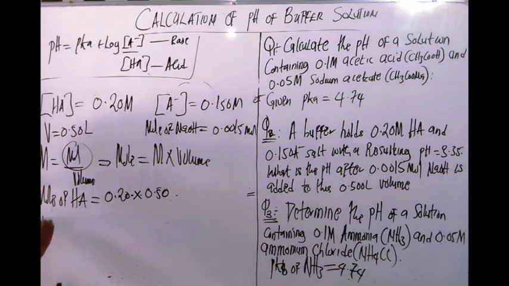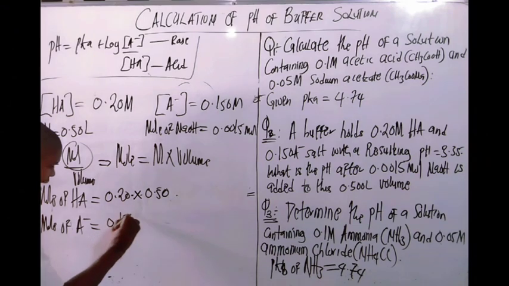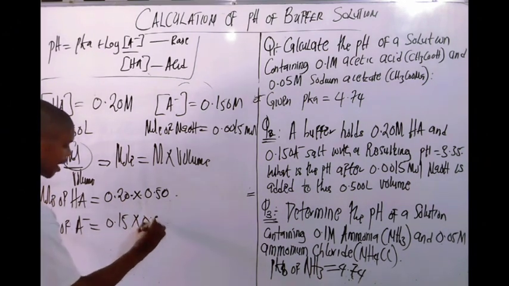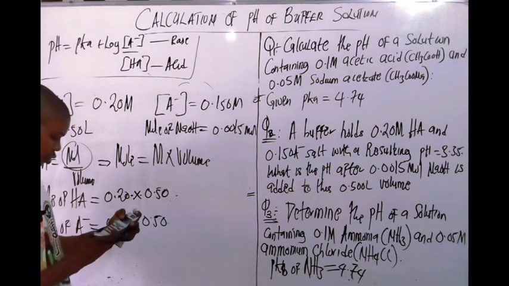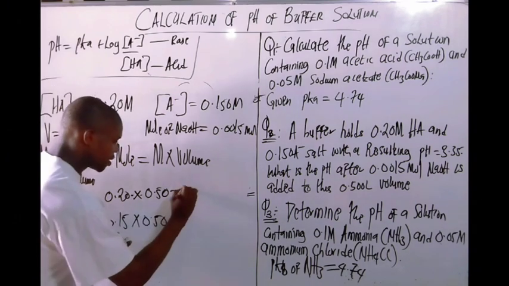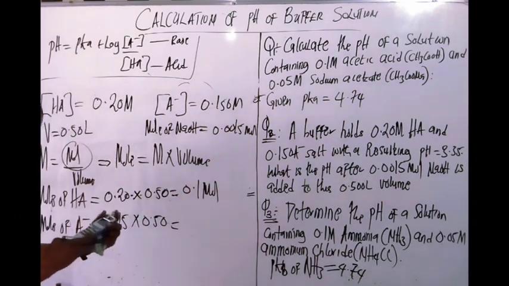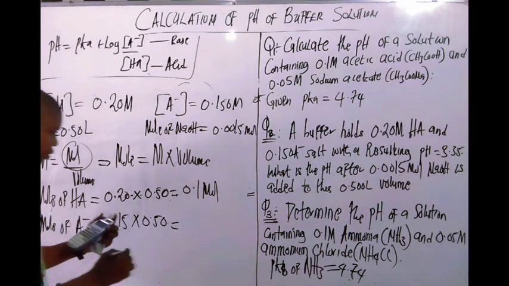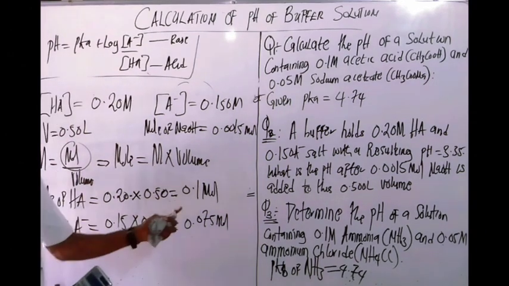The same thing here, the mole of A minus is equal to 0.15 times 0.50. So let's push our calculator here. Here we have 0.20 times 0.50, which is 0.1 mole. Then 0.15 times 0.50, here we have 0.075 mole. Do you understand?